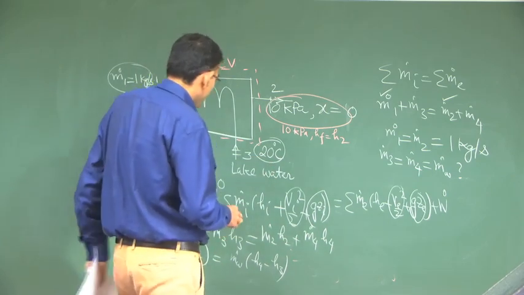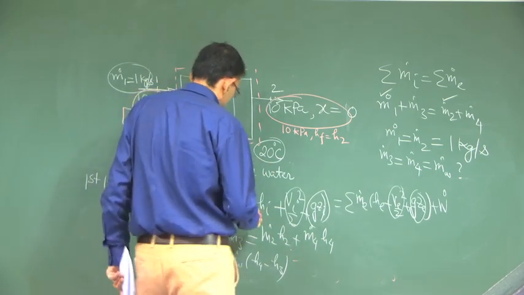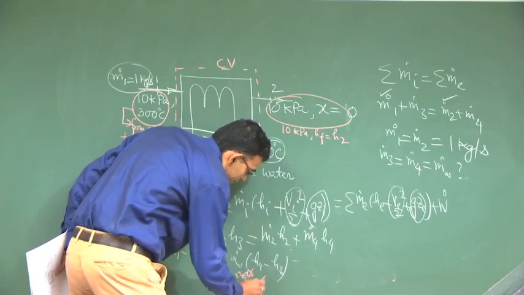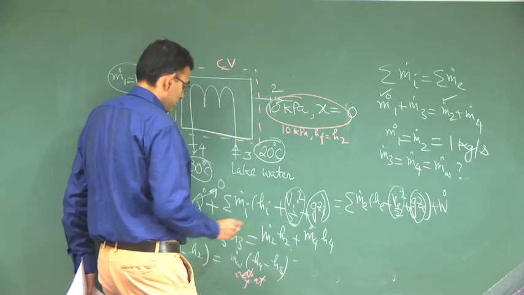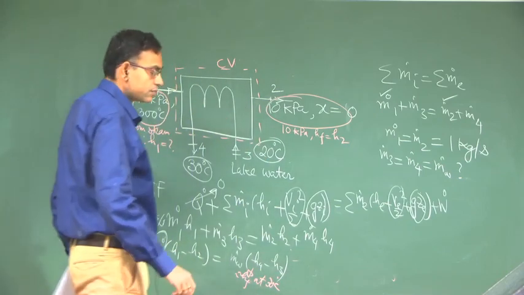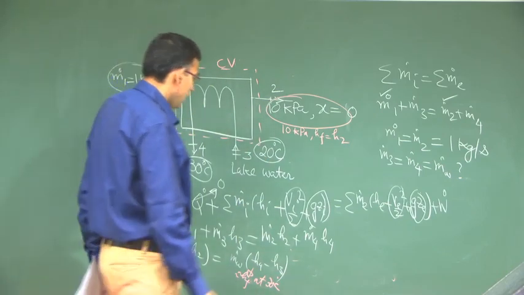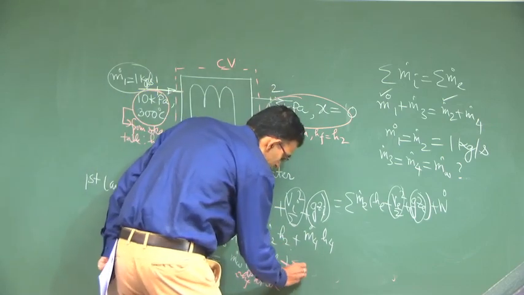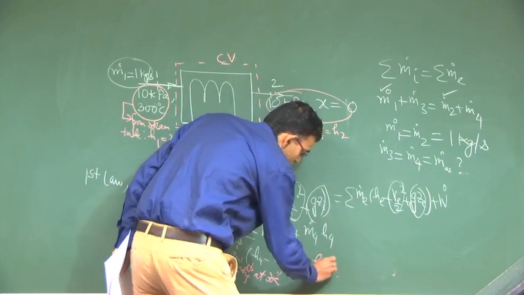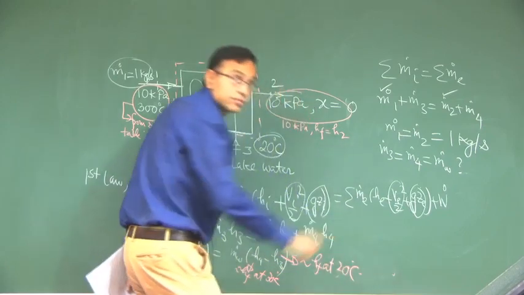So, h 4 will be approximately hf at 30 degree centigrade and h 3 will be approximately hf at 20 degree centigrade.